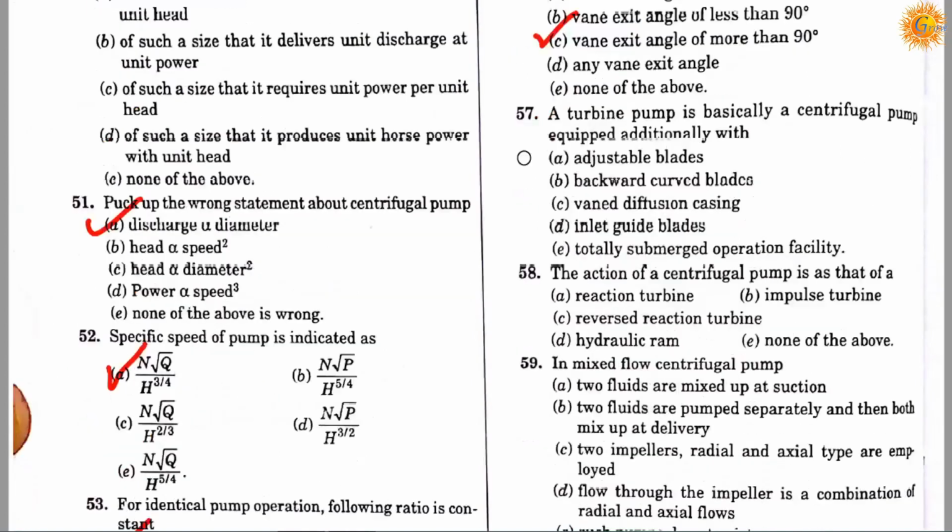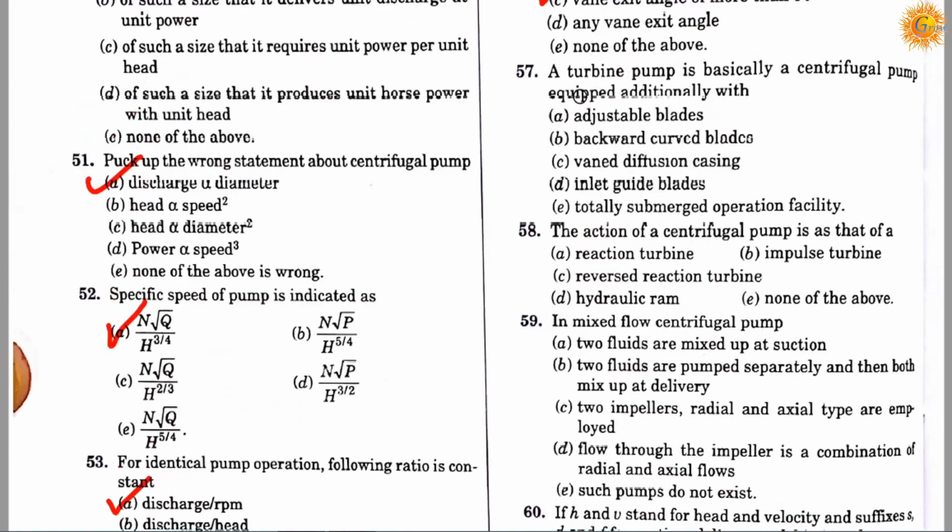Question number 57. A turbine pump is basically a centrifugal pump equipped additionally with option A, adjustable blades, option B, backward curved blades, option C, vane diffusion casing, option D, inlet guide blades, and option E is a totally submerged operation facility.